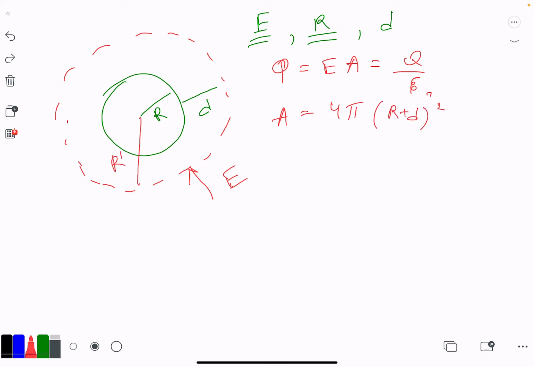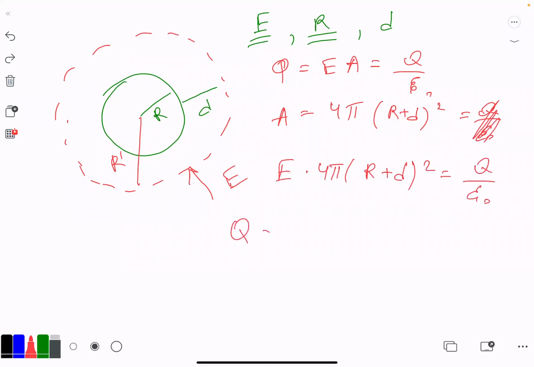You have to count it from the center of the object. So I can say that E times 4 pi (R plus D) squared is equal to Q over epsilon naught. So that means Q is equal to E epsilon naught 4 pi (R plus D) squared. Correct?